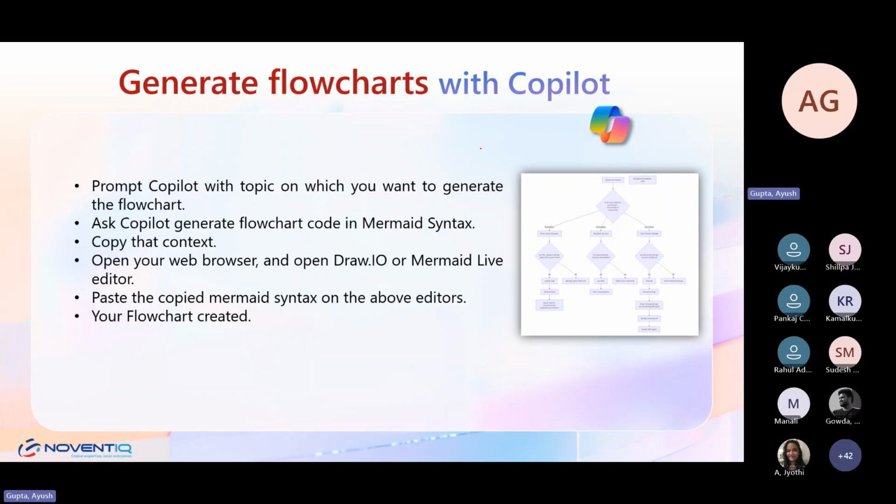Let's suppose you want to create a flowchart about the implementation of an XYZ tool, and what processes will be there. You can directly ask Copilot to create a flowchart for you in Mermaid syntax, and then use that syntax in Mermaid or Draw.io to create your flowchart instantly. So in that way, you can generate your flowchart with Copilot very easily.